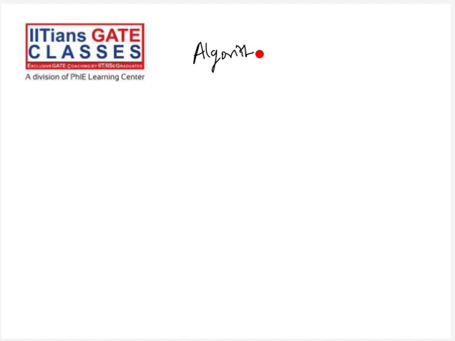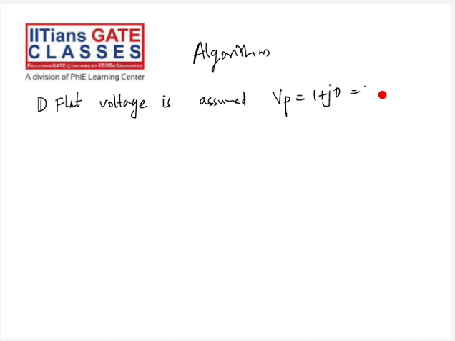So first, we assume flat voltage. What does flat voltage mean? All voltages in the system are 1 plus j0, or 1 angle 0, right?